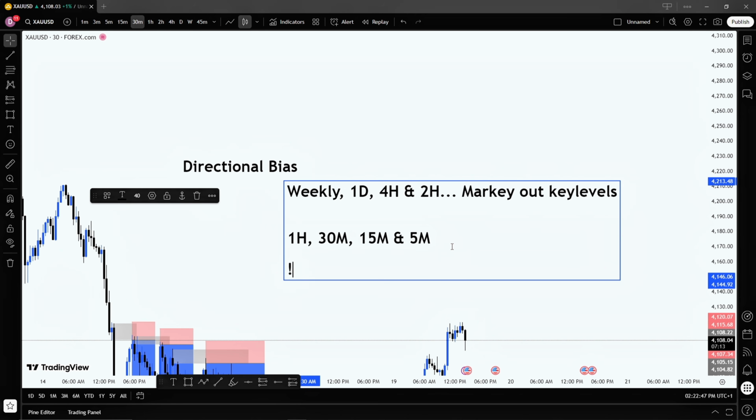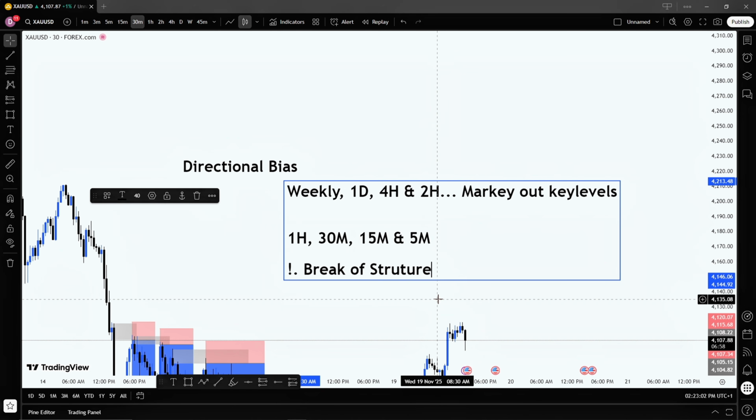The very first thing I want to look out for is the BOS, which is the break of structure, whether it is breaking structure to the downside or a market structure shift. I'm going to explain everything. Either it's breaking structure to the downside or it's breaking structure to the upside.